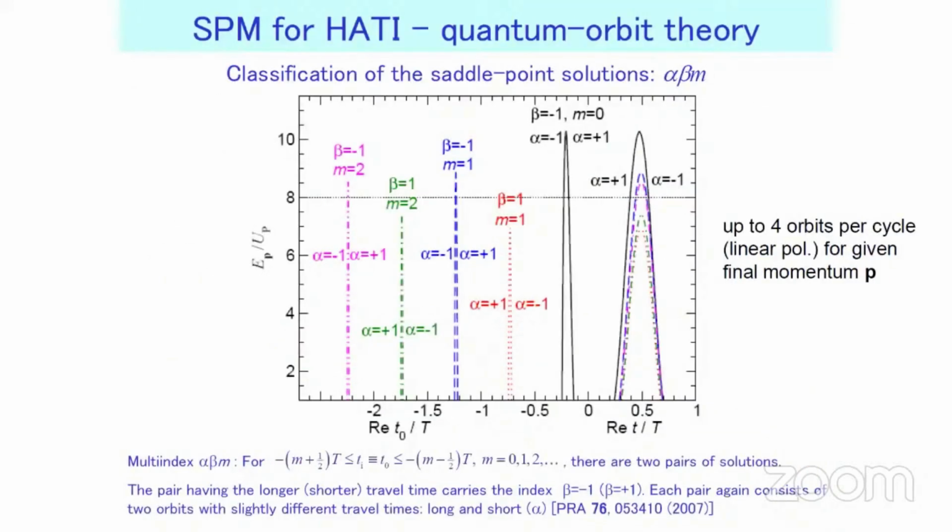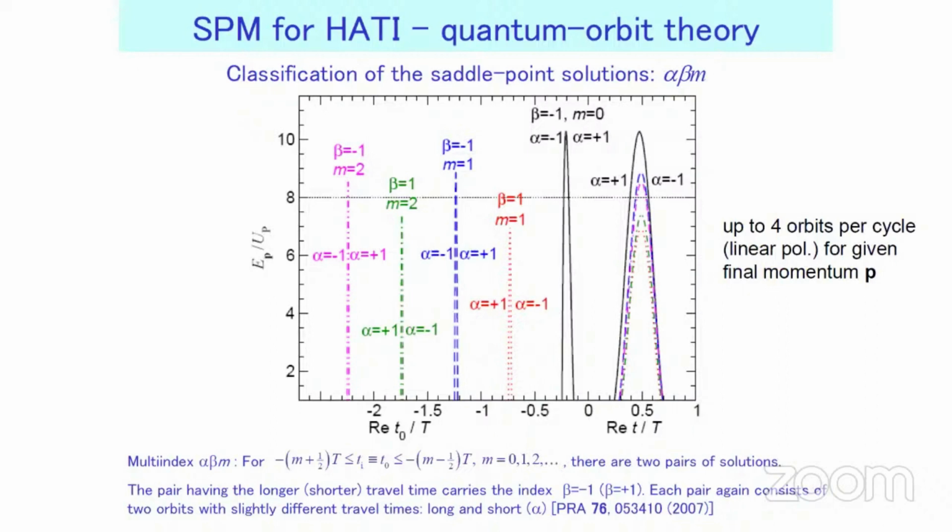Okay, so there are many solutions, and we have classified them. This is a complicated picture, so I don't really have the time to go through it. We classify solutions by this multi-index here. The M is the approximate length of the orbit in multiples of the laser period. The beta tells you whether the electron was liberated in the first or in the second half of a field cycle.